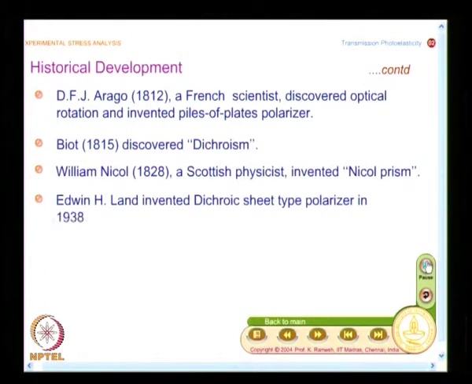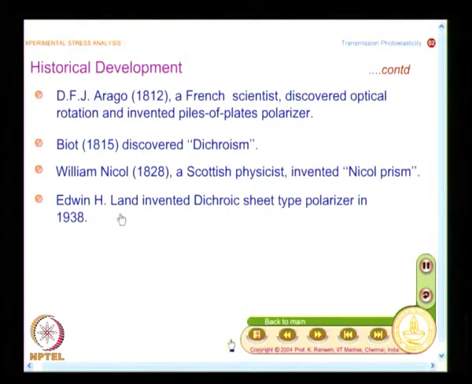And once you talk of polarization optics, you cannot forget Nicol. You have the Nicol prism, that is also another form of getting the polarized beam of light. I have already mentioned that you get very high quality polarized beam of light when you use the prism, but the field of view is limited.